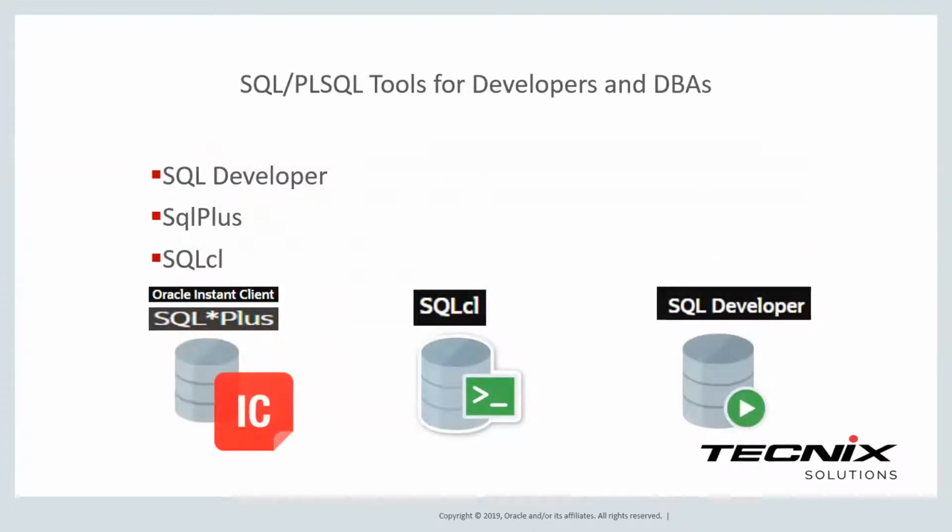But if we like to use a client, we can develop with SQL Developer, or we can use SQL*Plus or SQLcl and connect with the Oracle Autonomous Database. Because with our Oracle Autonomous Database, we can connect with any SQL*Net product.